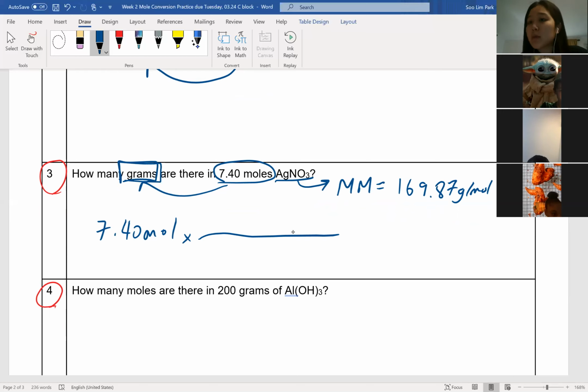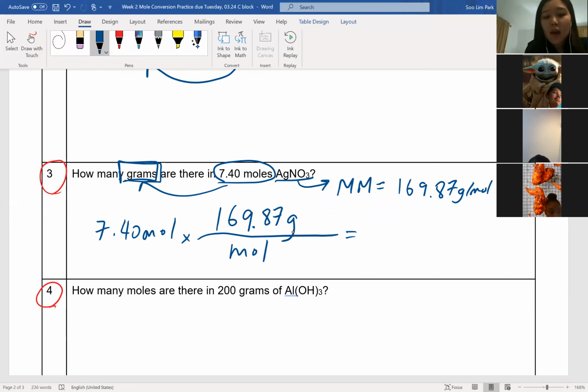We wanna convert it to grams. So are we multiplying or dividing? Dividing. Multiplying. We're multiplying, right? I'm gonna put molar mass on top and mole on the bottom. And moles cancel out, so this becomes a multiplication problem.